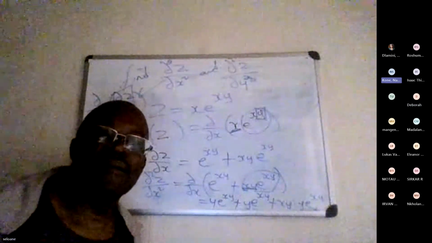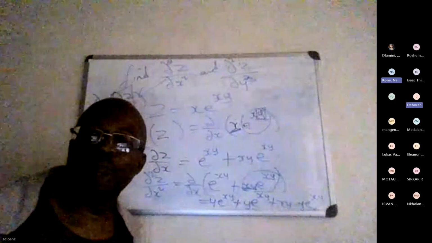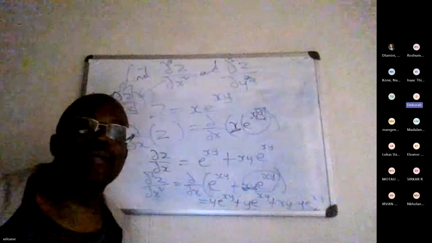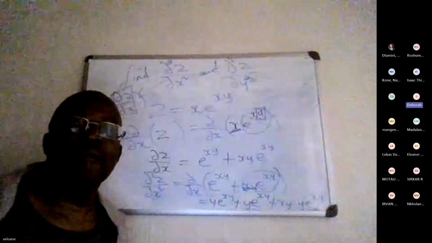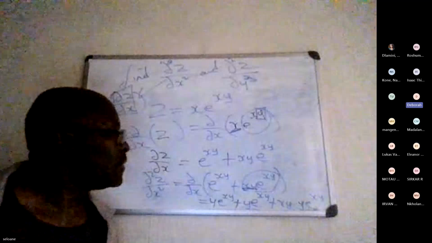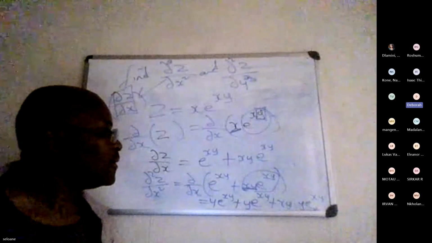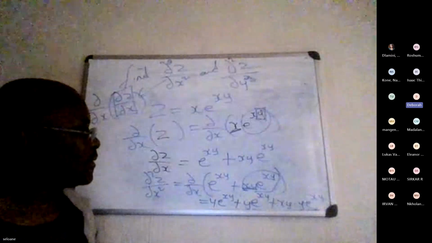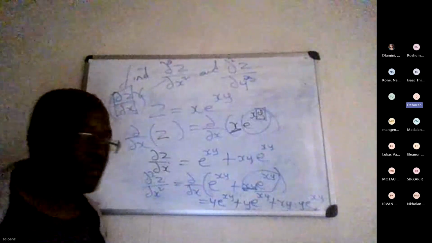Deborah's hand is up. Yes, Mr. Sulwani, I also have the same problem as Lucas. Unfortunately, the part where you were explaining when it got frozen, I think that is a very important part that we need to really understand.